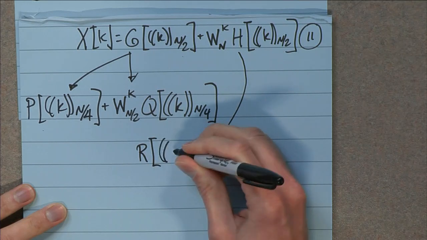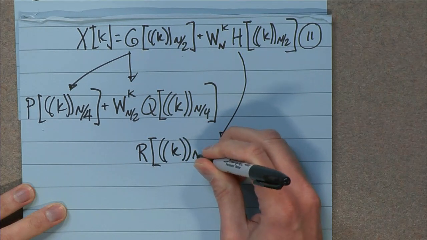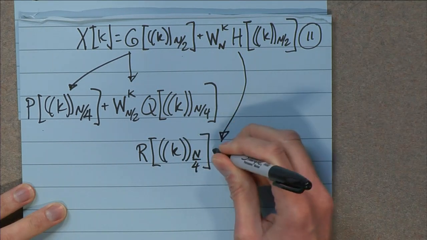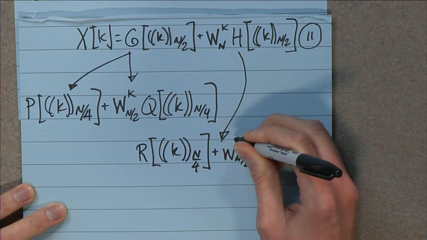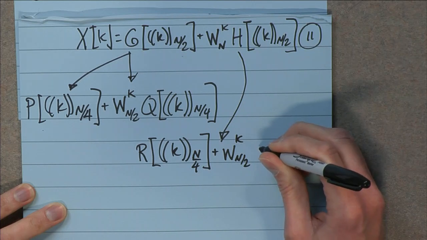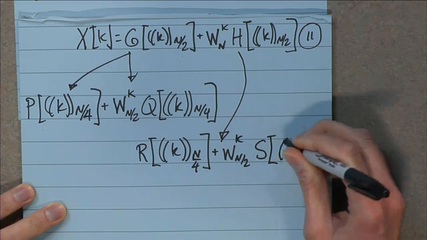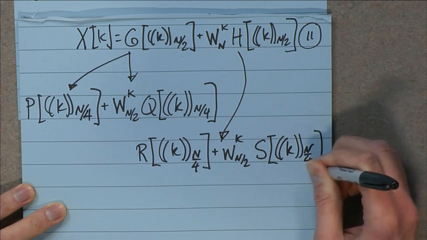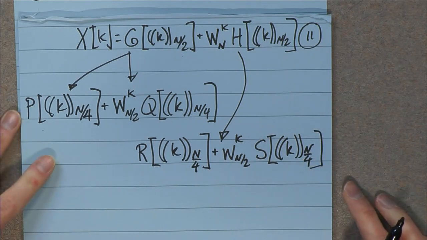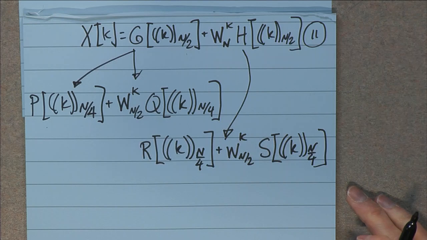And so we'll just keep it up. And that's K. And we'll make this S. So we're just breaking it up further and further and taking a look at what happens.